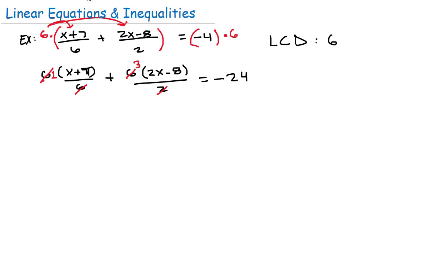So now if I keep simplifying, I have x plus 7, and then over here we're going to have 3 times 2x, which would be 6x. And then also that 3 is going to distribute, because it was outside of the parenthesis here, to the 8. So that becomes 3 times negative 8, so minus 24.